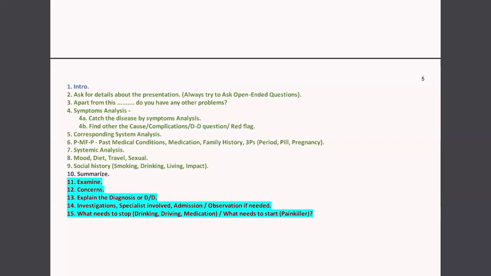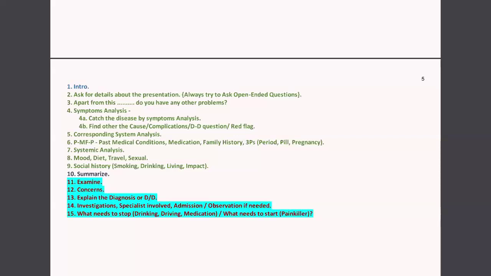You can ask whether the patient is comfortable, and you have to set your agenda: today we are here to discuss the health condition of the patient, and you have to reassure the patient that our whole discussion will remain confidential.